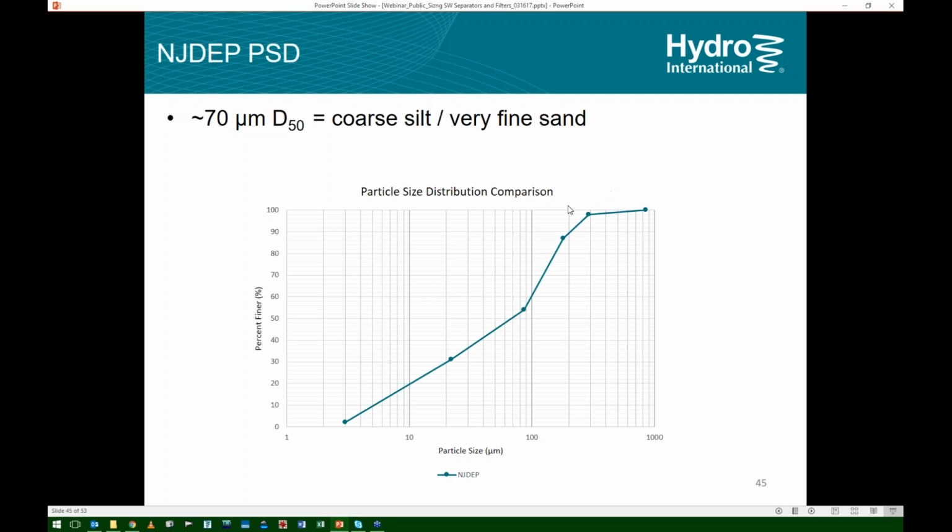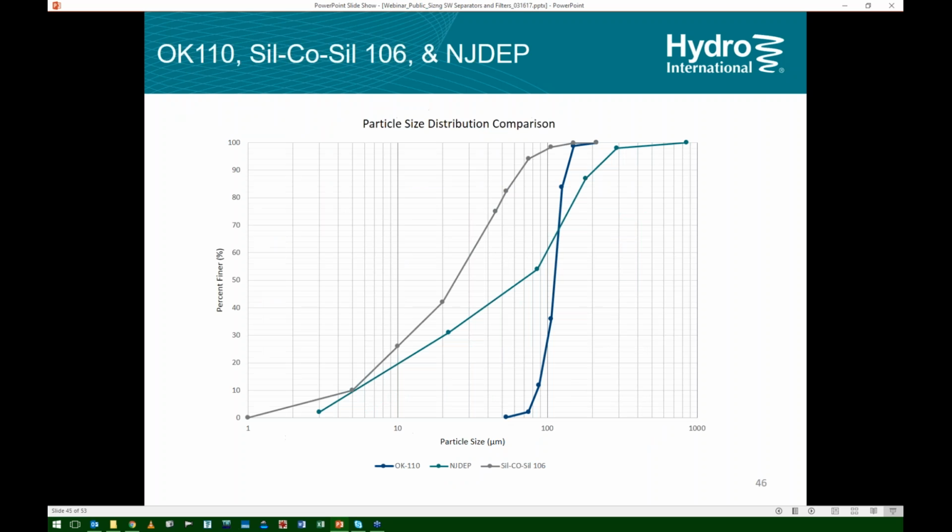The test sediment used within Washington, used within New Jersey, is a blend that they've come up with a D50 around 70 microns. Now that's a little more friendly to separators, and it's a little more practical when you start testing separators.